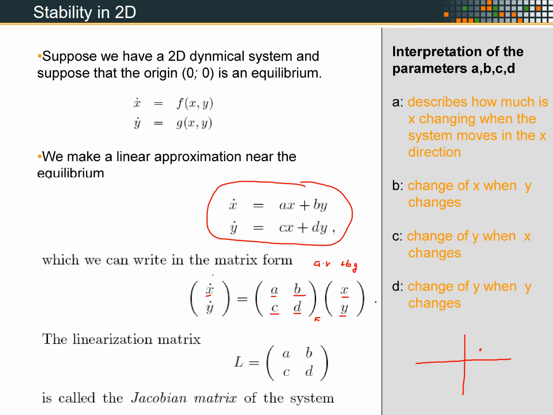The vector indicating the change is this vector here on the left-hand side with an x component of the x change and a y component of the y change. So as an input this equation gets x and y, and as an output we get a vector at the position x and y that is telling us how the system is changing.